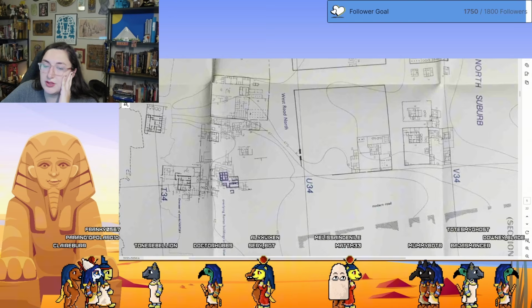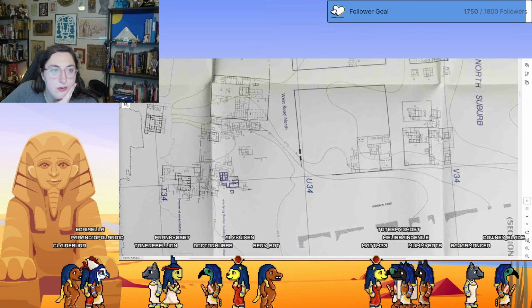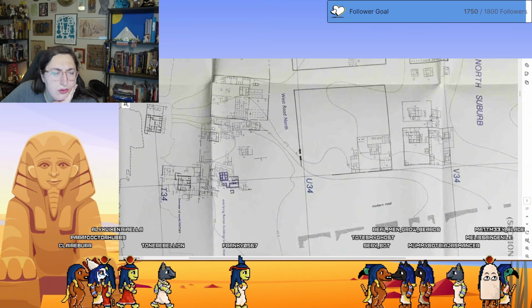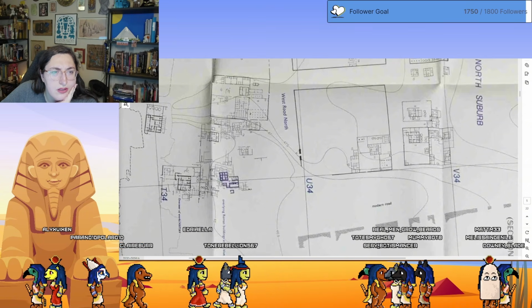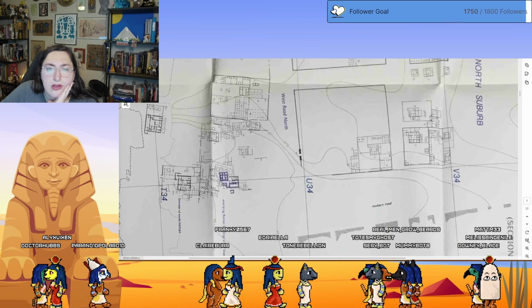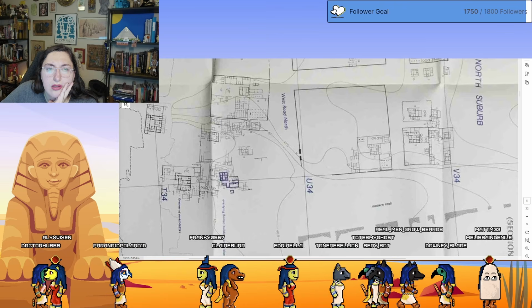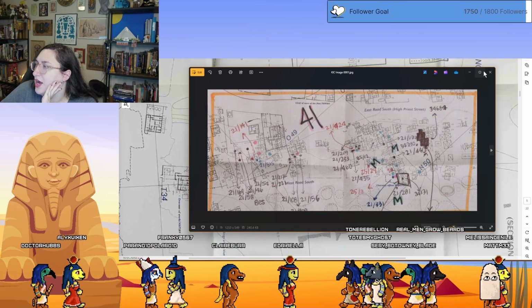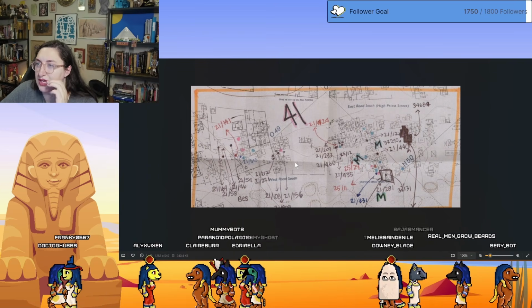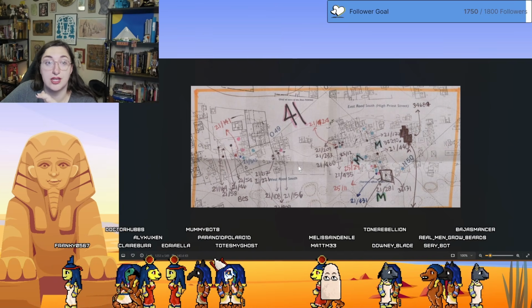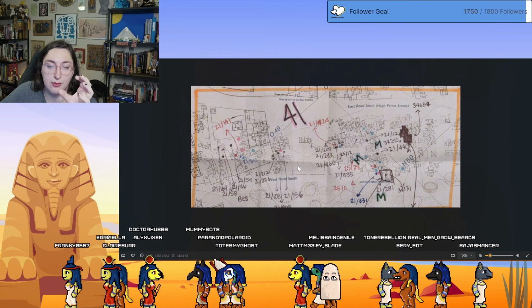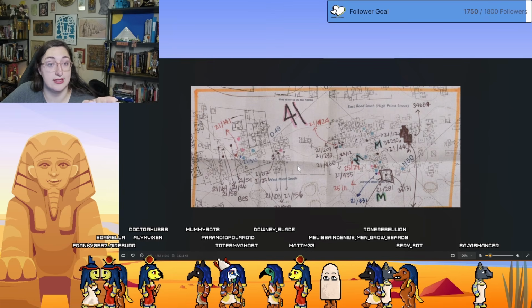So this is what the actual survey maps look like, and then what I did with them. These are zoomed in versions. What I did was I took each section and I looked at where all these objects are found, objects showing different gods and goddesses than the Aten.